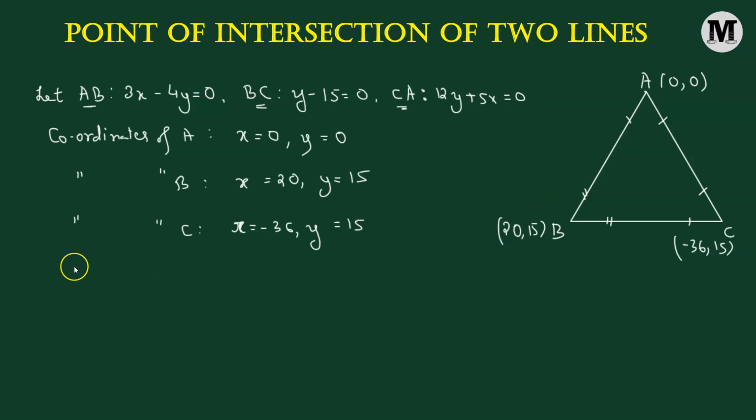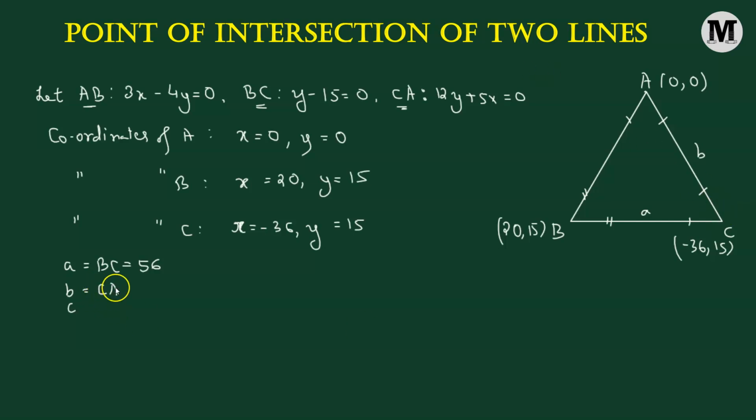Let's also obtain the values of the sides a, b, and c. a is going to be the side BC. Since we have the coordinates of the endpoints, we can easily use the distance formula to obtain the length of the side BC. So BC comes out to be 56 units. Then we have the side b, which corresponds to CA.